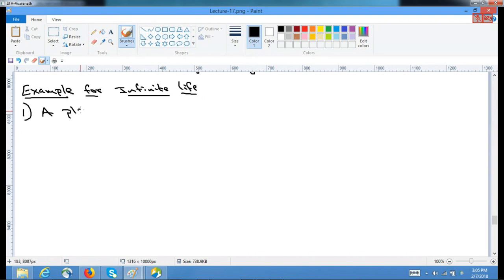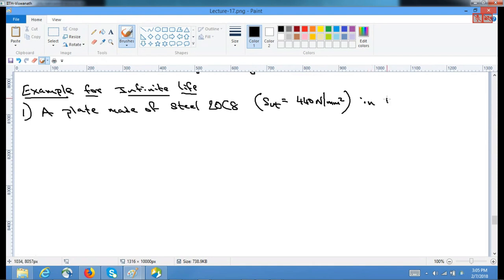Consider a plate made up of steel of grade 20C8, which has an SUT of 440 Newton per mm square, and it is hot rolled as shown in the figure below. We will give the figure.